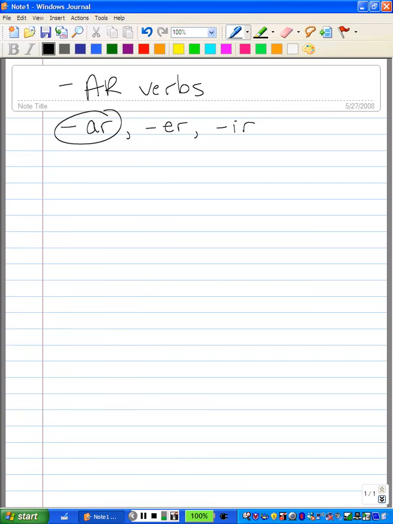Previously, in Lesson 1, what you learned were the pronouns. You learned that the pronouns in Spanish are yo, tú. The third set, él, ella, usted. This one was nosotros, or it can be nosotras, masculine, feminine.